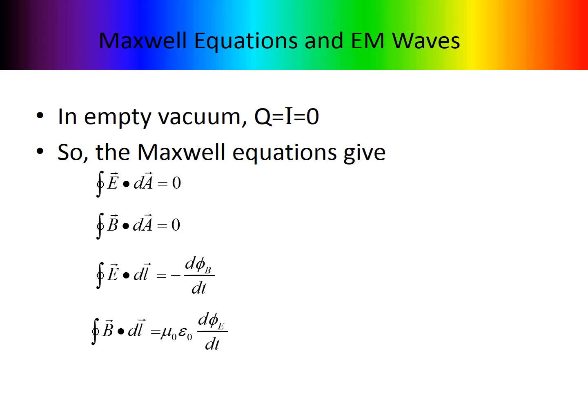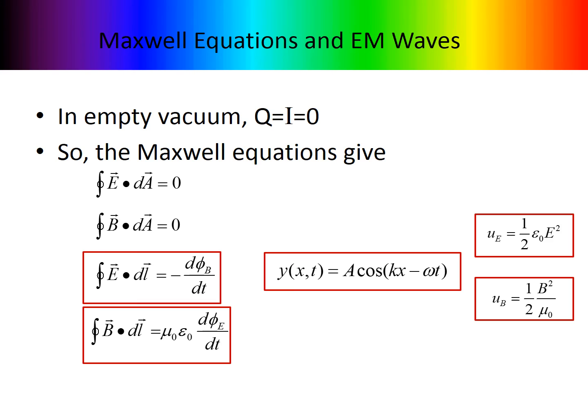We are going to use those. So we're going to use the two bottom Maxwell equations. We're going to use the transverse wave equation, and we're going to use the energy density equations. And that's how we'll build our theory.